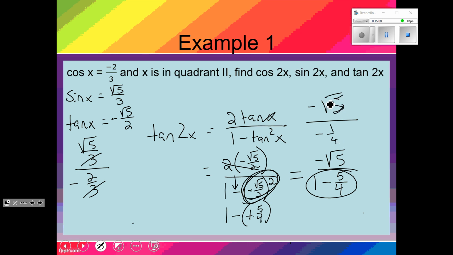And so then I'm just going to simplify this one more time. And so a negative divided by a negative is a positive, and it's going to be 4 square root of 5, I believe. Yes? Over 1. So the tangent of 2x is equal to 4 square root of 5.